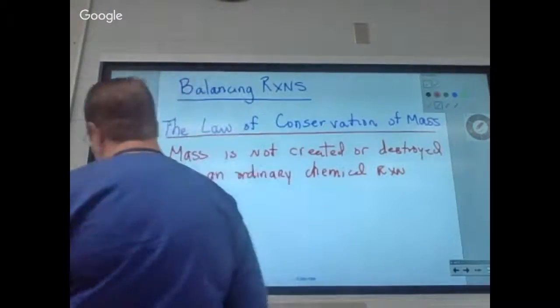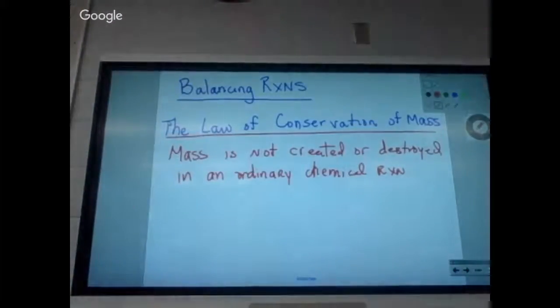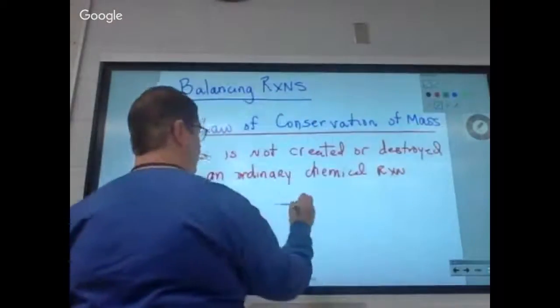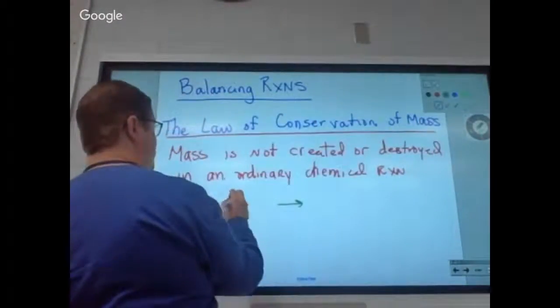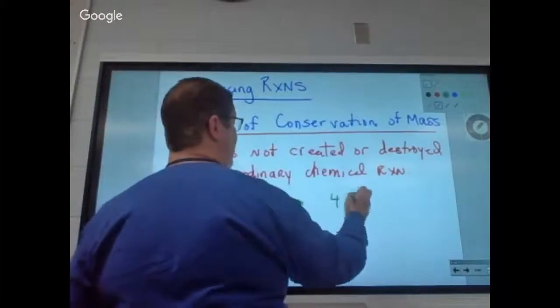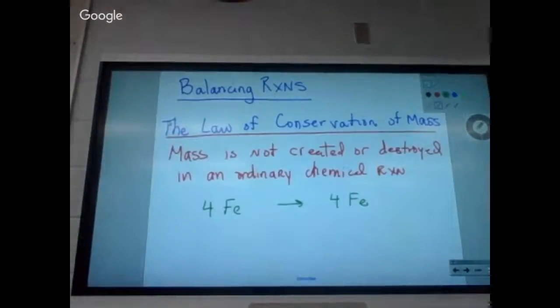So, if you have 4 irons on the left, if you have 4 Fe's on the left, you have to have 4 Fe's on the right. All right? So, our goal is to learn how to do that today using coefficients.